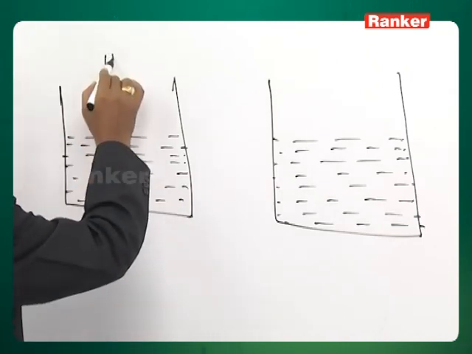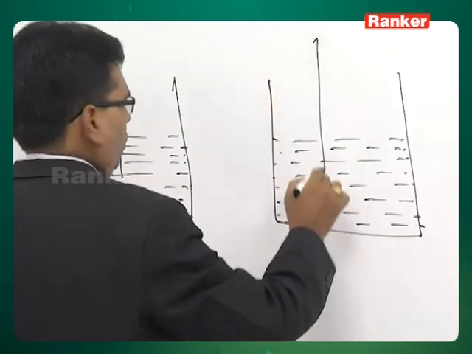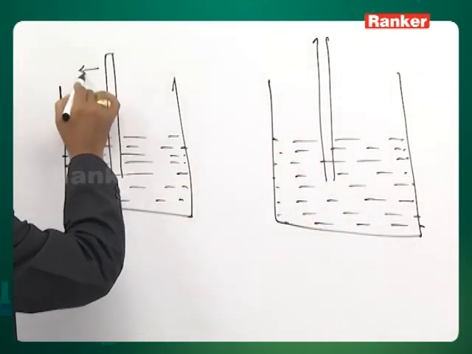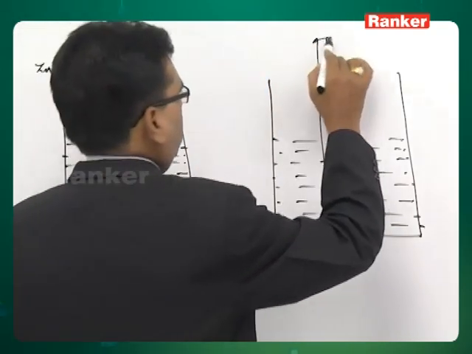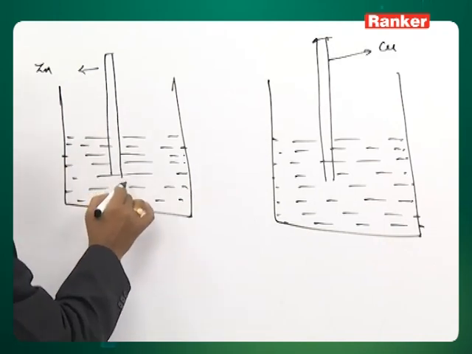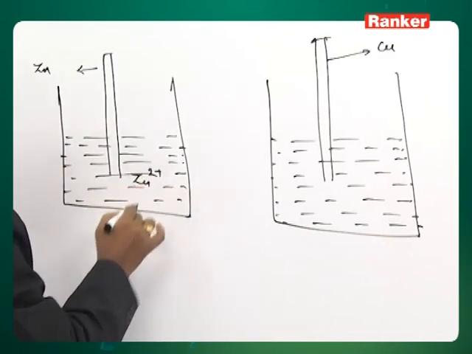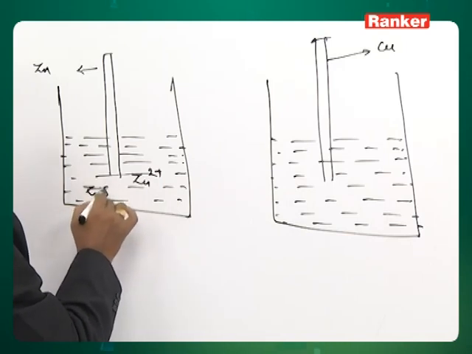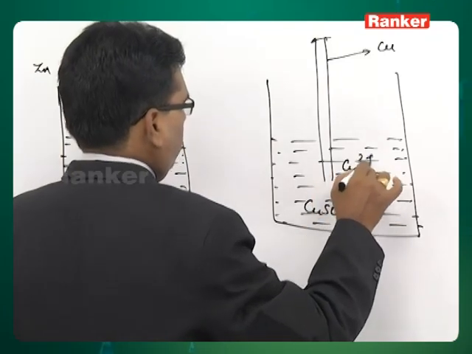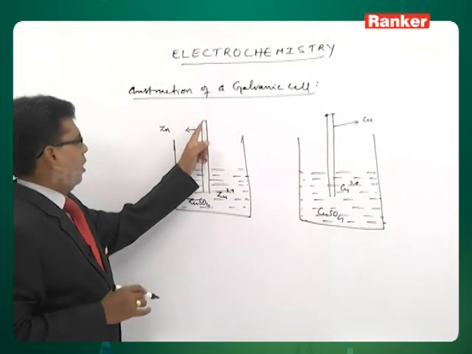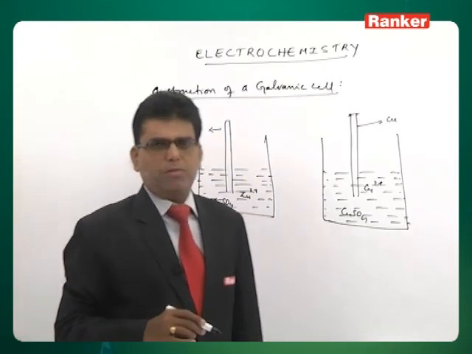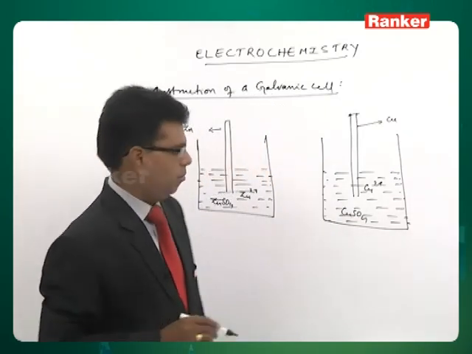Like in the previous example of zinc and copper, this is a zinc rod and this is a copper rod, then this is a solution of Zn2+, that is zinc sulphate. This is a solution of copper sulphate, that is a solution of cupric ion. The electrode and the electrolyte should have the components of the same metal or non-metal.